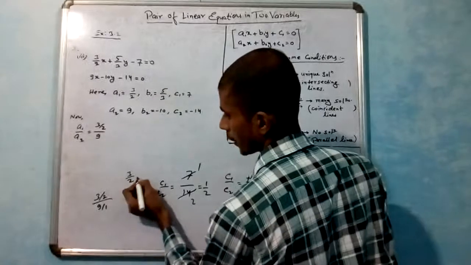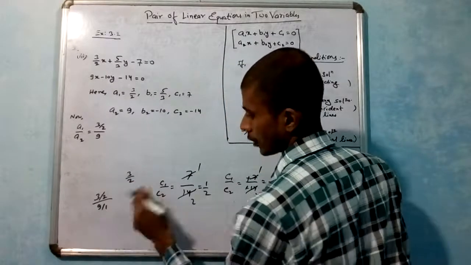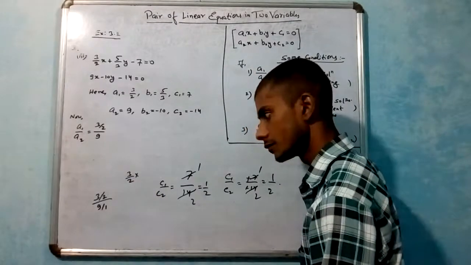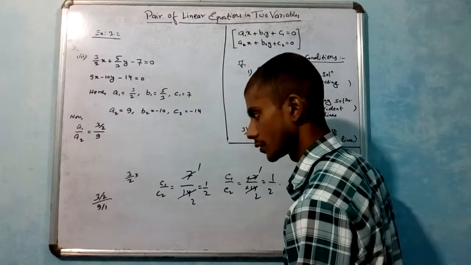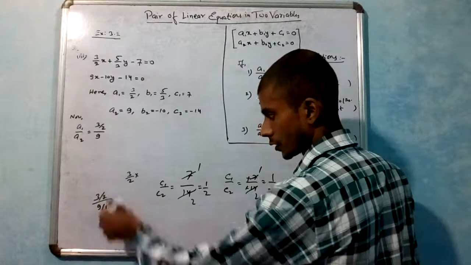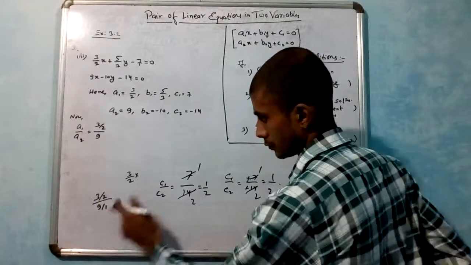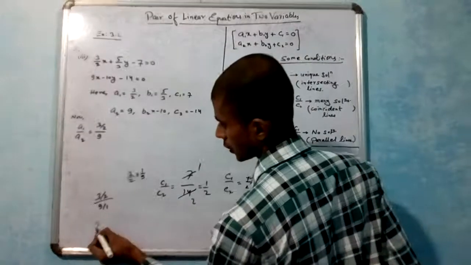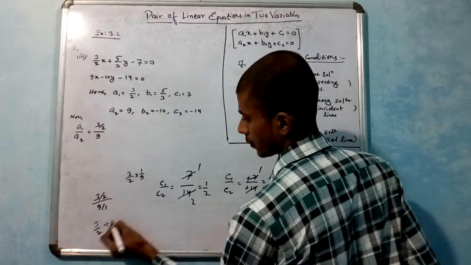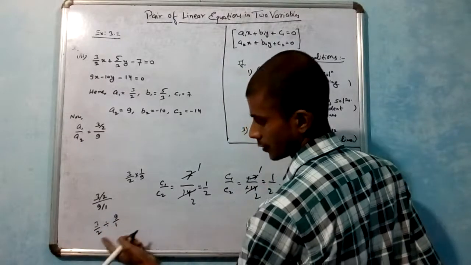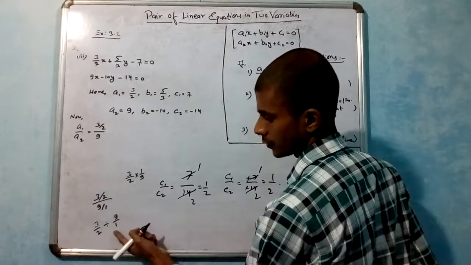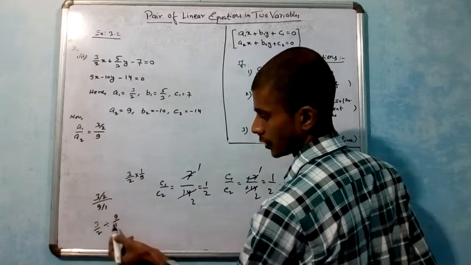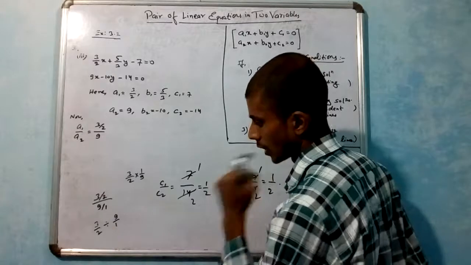3 by 2 divided by 9 by 1 means multiplication, how do we divide this? It gets reciprocated or not? This 3 by 2 is divided by 9 by 1. The upper value is going to get divided by the lower value, 9 by 1.